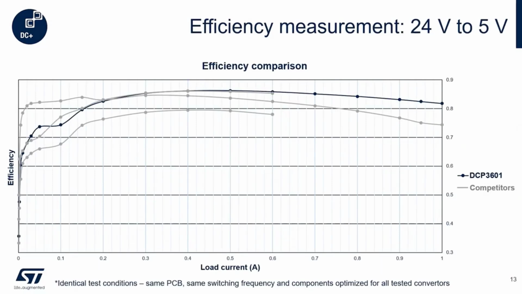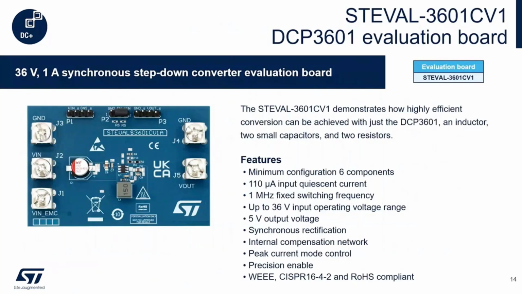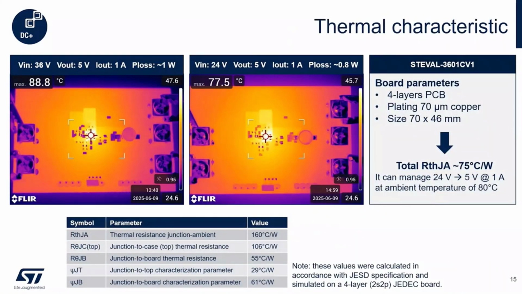Very efficient device. Again, it's a buck regulator, so it leverages very high efficiency in a very small footprint. So you can actually see here the total solution footprint in our STEVAL-3601CD1, which is the DCP3601 evaluation board. And also a quick snapshot of the thermal characteristics of the evaluation board.